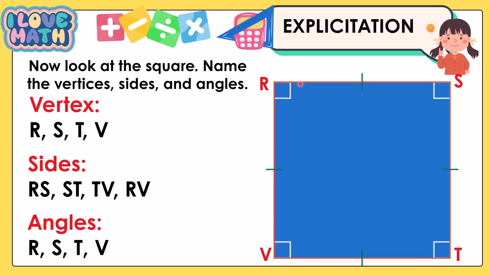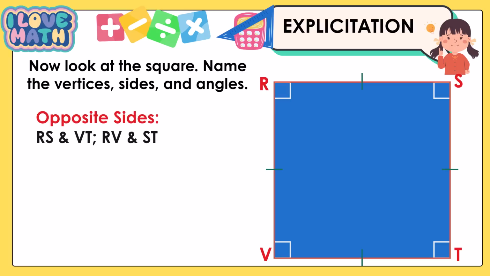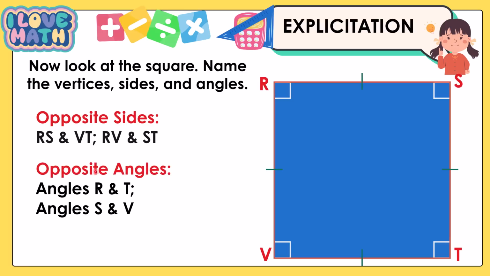Angles: R, S, T, and V. Opposite sides: RS and VT, RV and ST. Opposite angles: angles R and T, angles S and V.